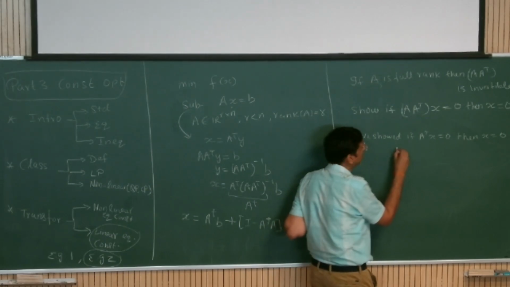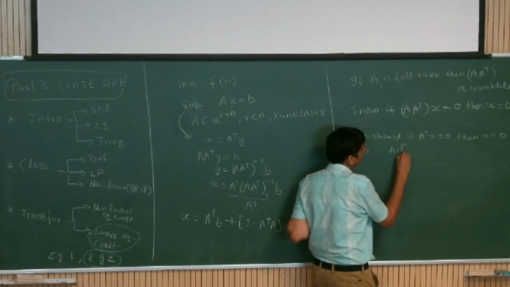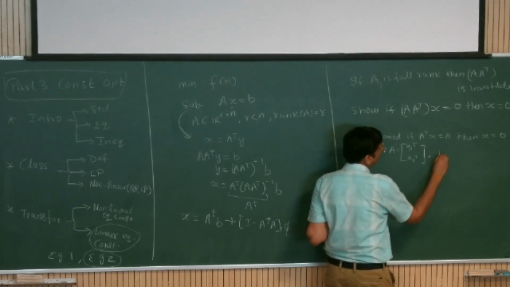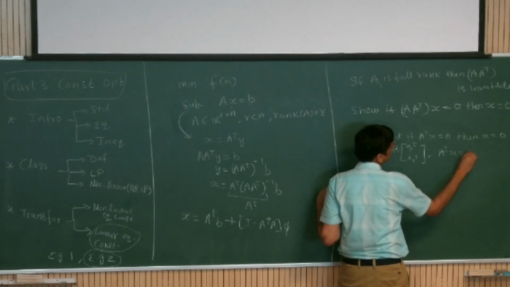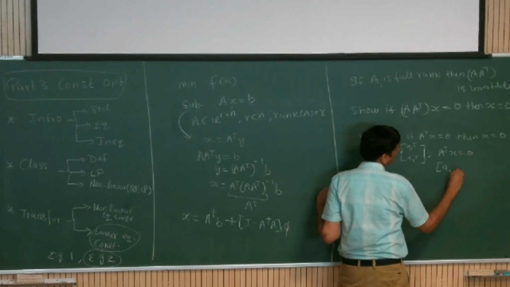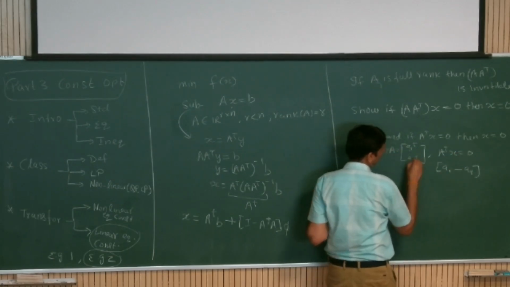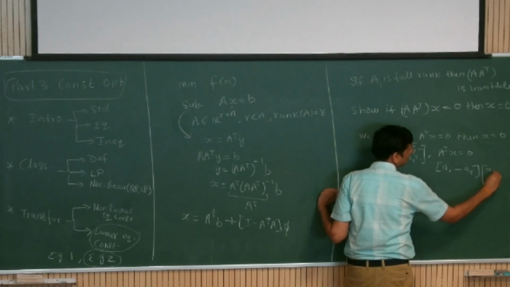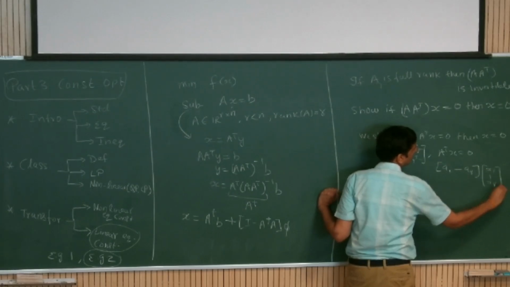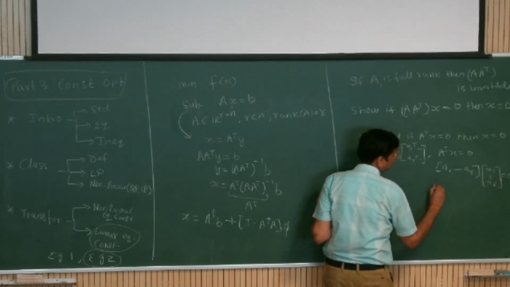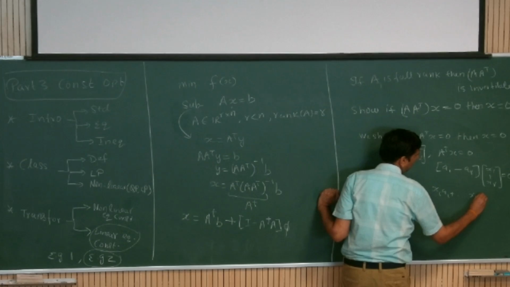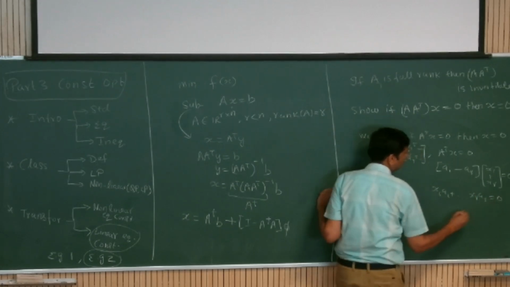How did we do it? We wrote A as A1 transpose till AR transpose, the rows, and then we said A transpose X is A1 through AR. These were rows, they become columns, times X1 to XR equal to 0, and then we said X1 A1 till XR AR equal to 0.